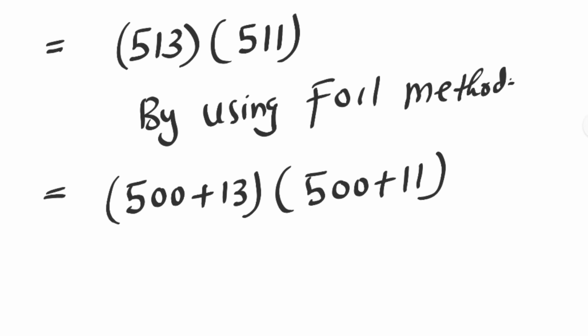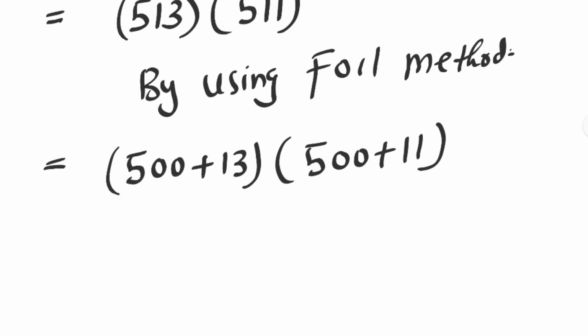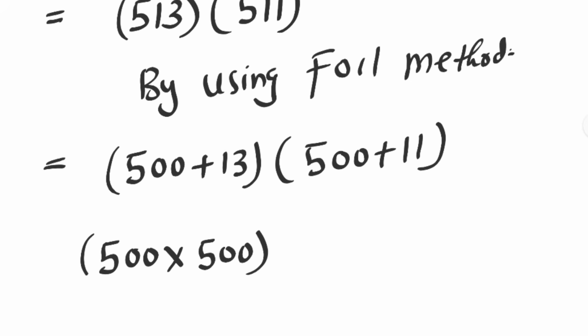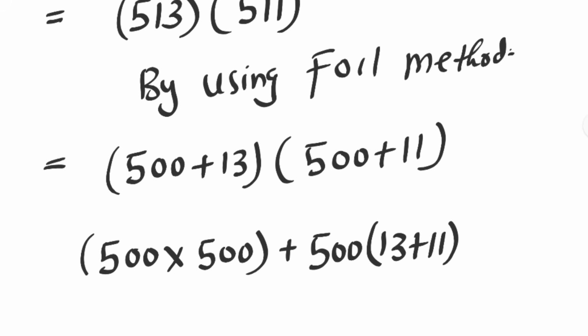If you use the FOIL method, we have 500 multiplied by this 500, then plus 500 times (13 plus 11), then plus 13 multiplied by 11.